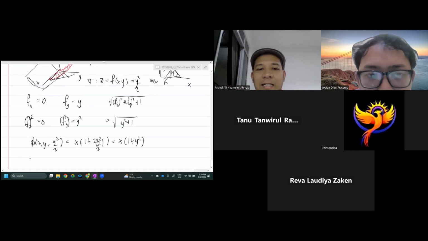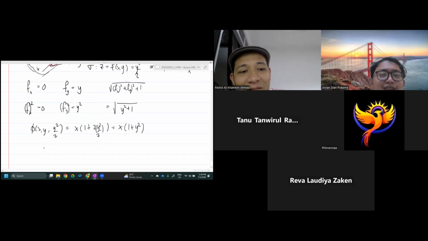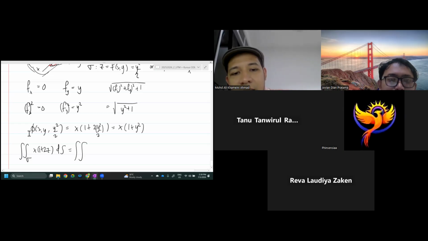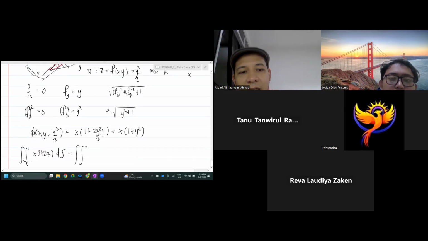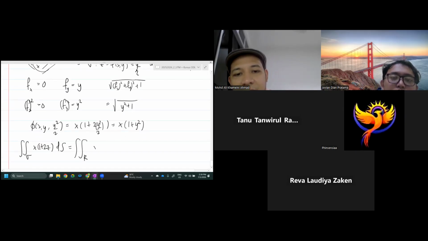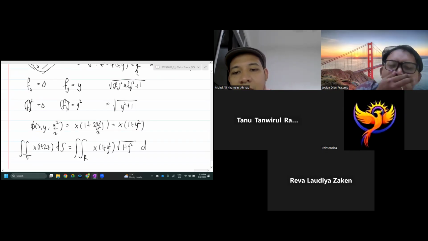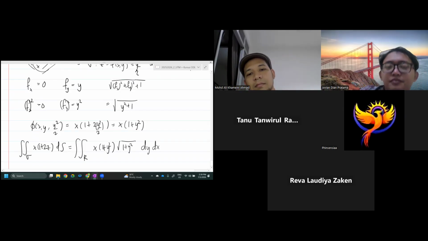Then substitute everything into the formula. The integral over sigma of x plus 2z dS is equal to the double integral over our region R of the function x plus y squared, times the square root of 1 plus y squared, dy dx. Can we integrate this?